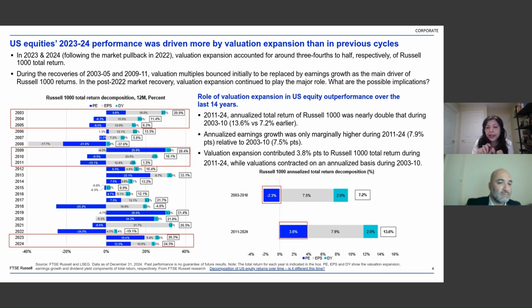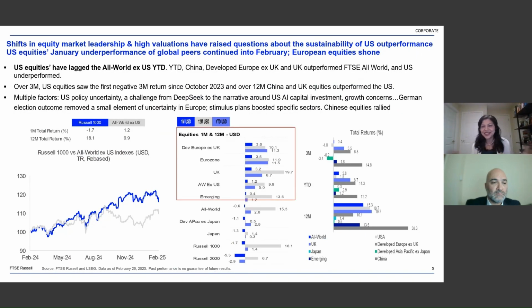But you see that the earnings growth picked up just a little more from the pre-period to the post-period. Most of those extremely high annualized returns came from valuation expansion, whose share was much higher in this post-2010 period. And with that, we jump into this whole story of rotation, that 2025 has been really unique.